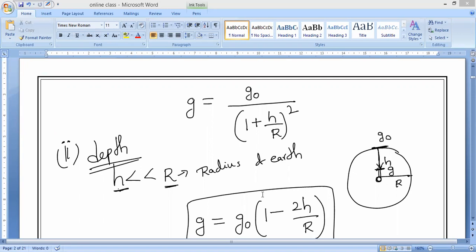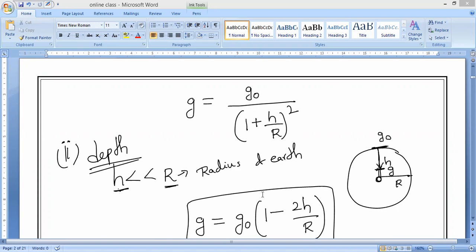Do you understand, everybody? Yes or no? Yes, sir. So this is the formula you have to remember. Any doubt, you can ask. Two examples also I will teach you. So now let us go. All of you remember, if h is less than R, then what is the relation?